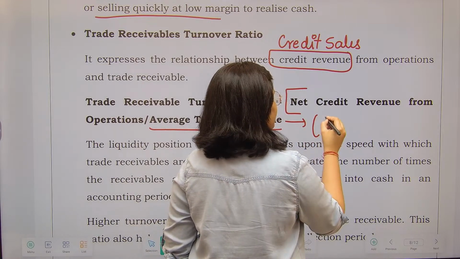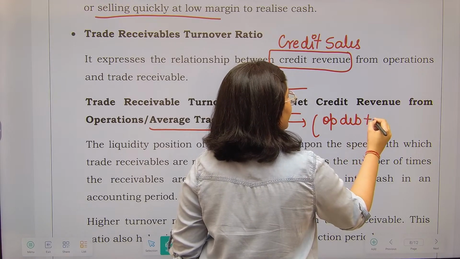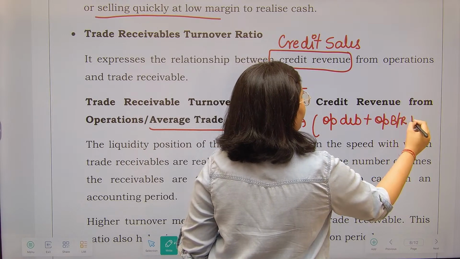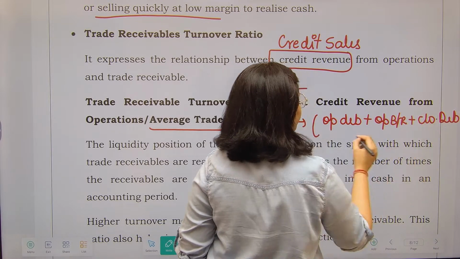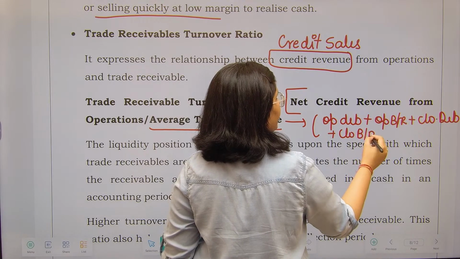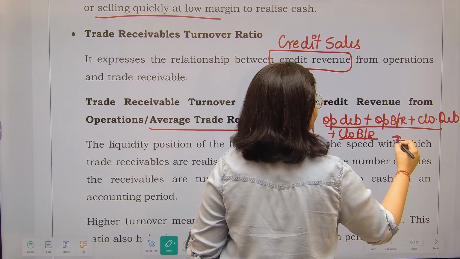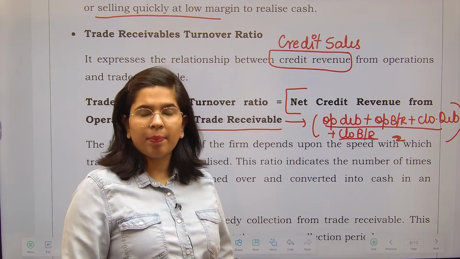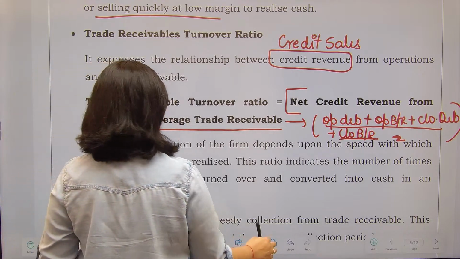It is calculated as opening debtors, plus if you have any opening bills receivable, plus closing debtors, plus closing bills receivable, and all of this gets divided by 2, because we want to calculate the opening and closing average. Fine. So this is your trade receivables turnover ratio.